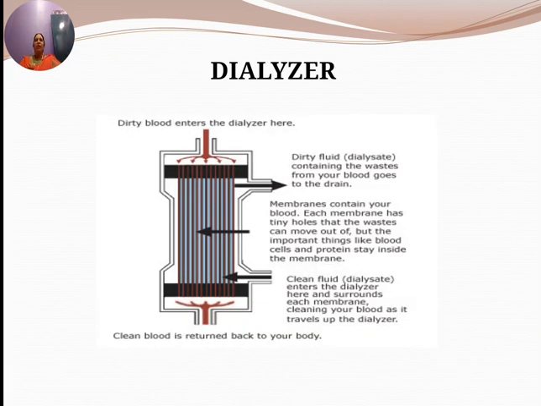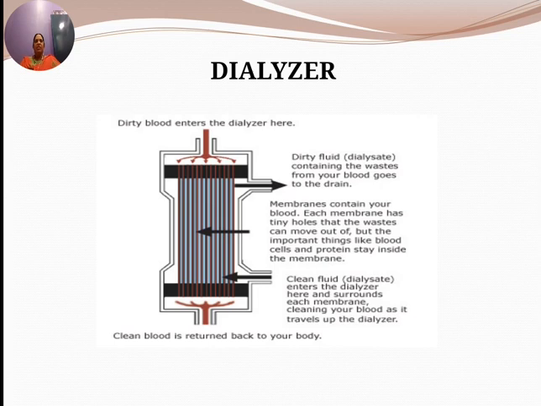So this is your dialyzer unit. You can see in the dialyzer unit, from the top, dirty blood enters into the dialyzer. The membrane contains, you can see the vertical lines there, that is the membrane.